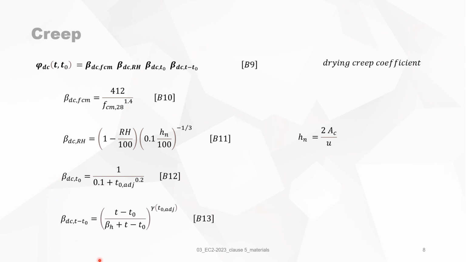And these are the 4 elements. You see that one of the elements is a function of the relative humidity. It's also a function of the value of Hn, which is given by this formula, and U is the circumference of the element exposed to the air.